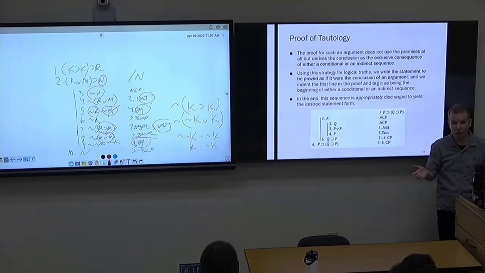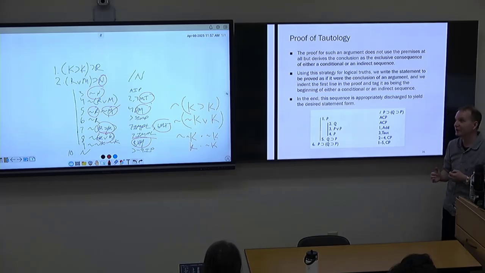So that's a tautology. It is something which will always be true. You see the point? You understand the point? So if you just need to prove that it is a tautology, you can use the conditional proof. Or an indirect proof sometimes.